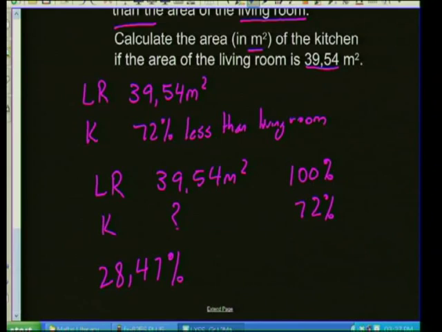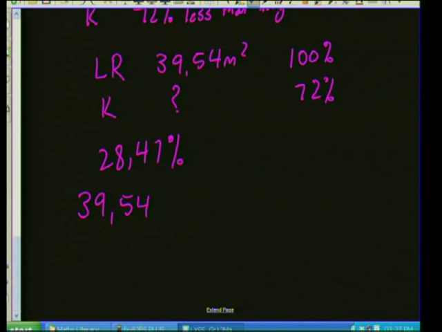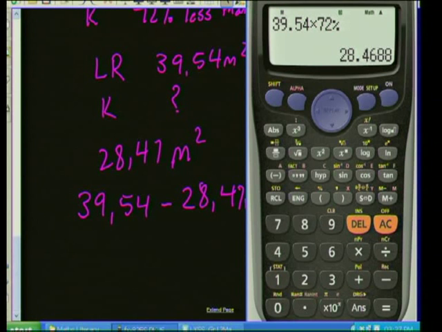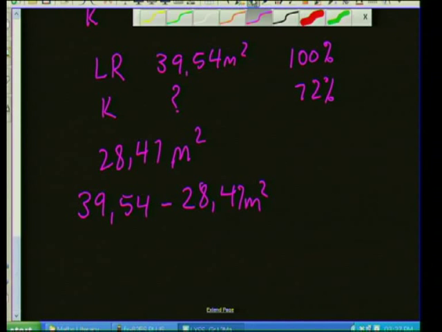But now it is 72% less. So we actually need to take our 39.54 and minus our 28.47, and the 28.47 was meters squared. So let's get our answer: 39.54 minus that, and that's 11.07 meters squared.